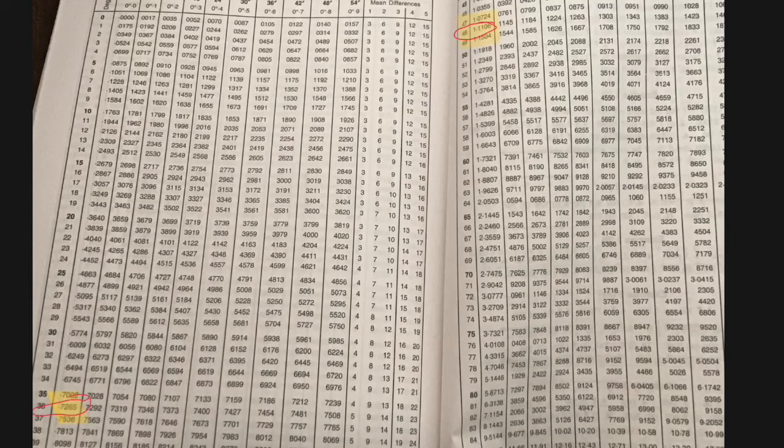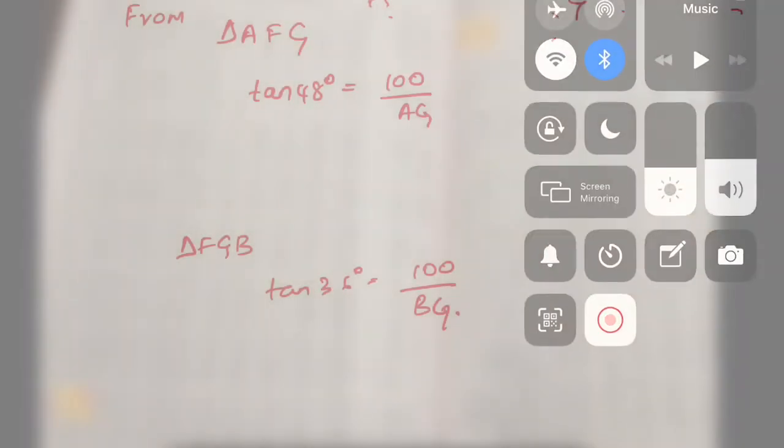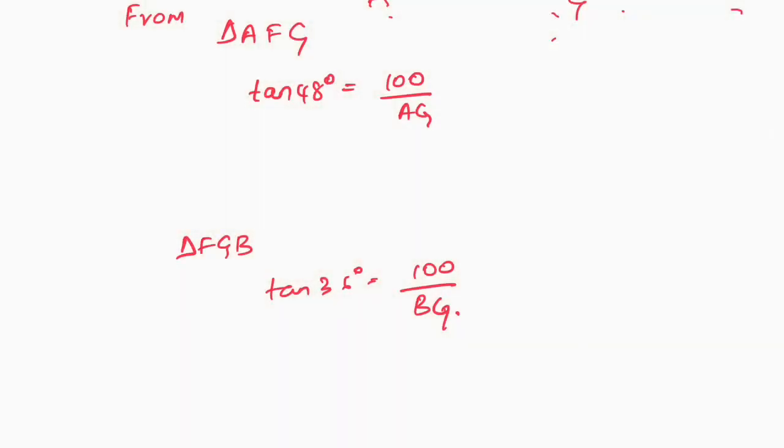Just let us rewrite that values. So tan 48 equal to 1.1106, that is equal to 100 by AG. Similarly, tan 36 is equal to 0.7265 equal to 100 by BG.